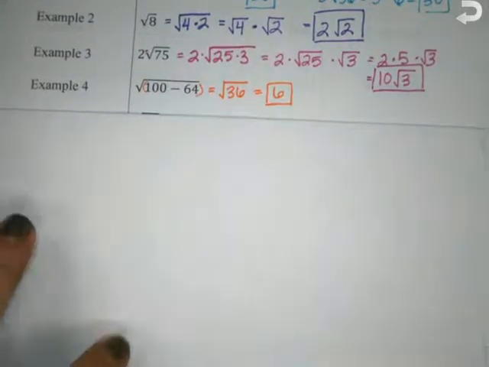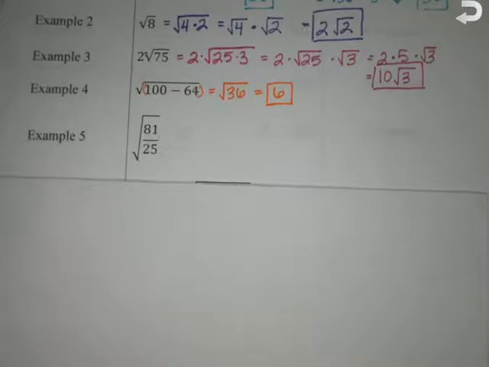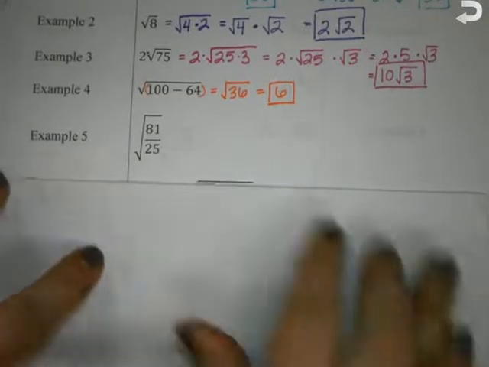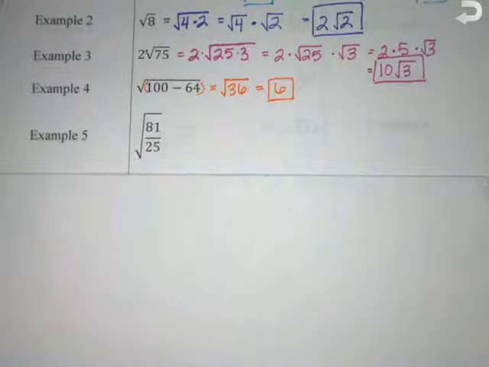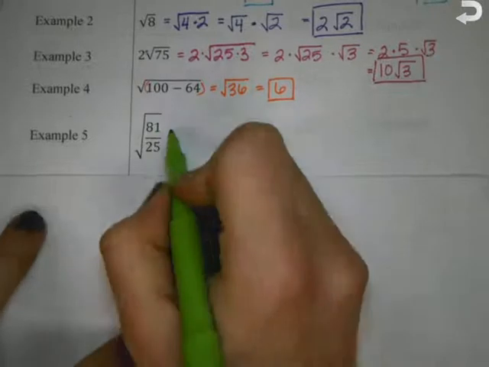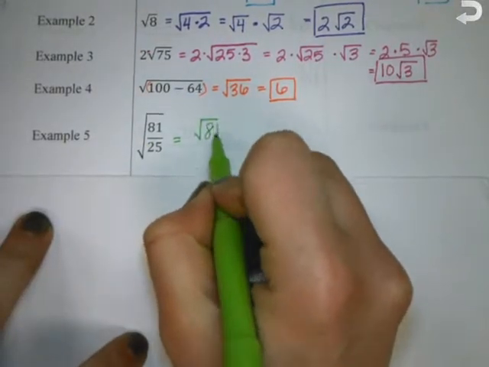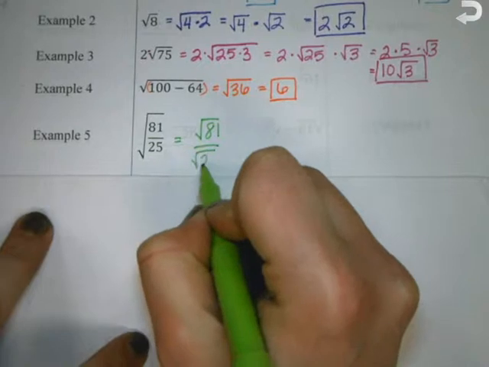Okay, what about square root of 81 over square root of 25? What do you guys remember about square roots with a fraction in them? We can rewrite this, right? Square root of 81 over square root of 25. You can actually rewrite this and put smaller square roots on the top and the bottom. They are the same. You would get the exact same answer.